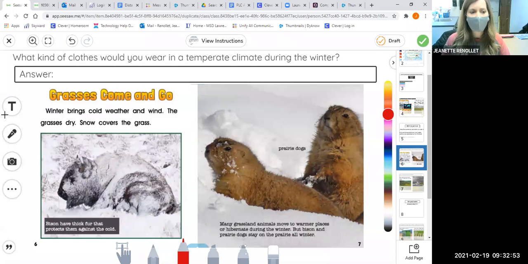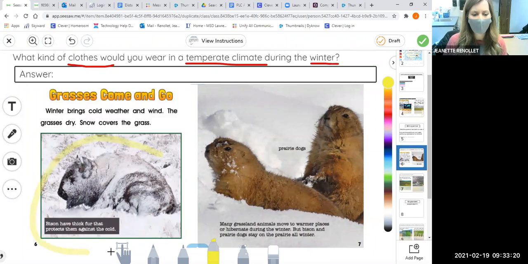On slide number 6, it asks, what kind of clothes would you wear in a temperate climate during the winter? Our text says grasses come and go. Winter brings cold weather and wind. The grass is dry. Snow covers the grass. Bison have thick fur that protects them against the cold.